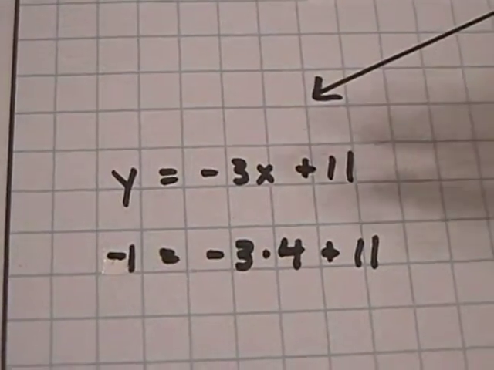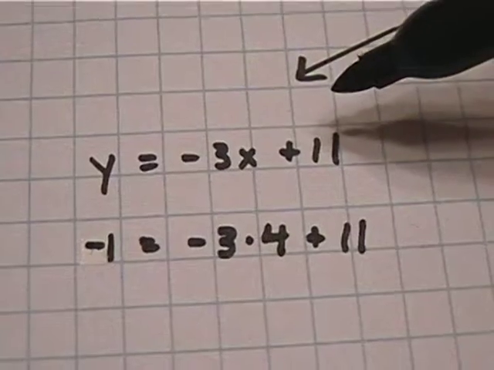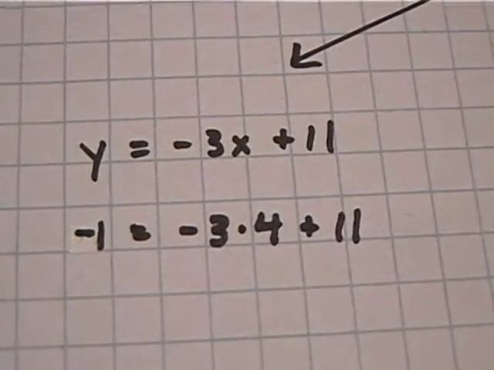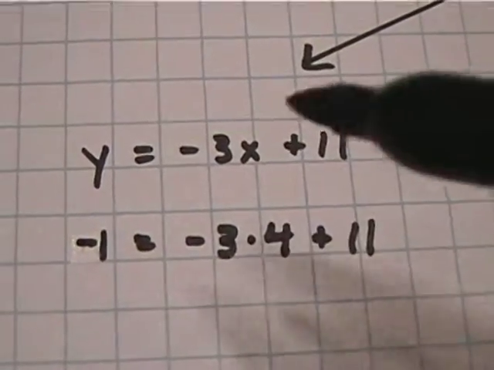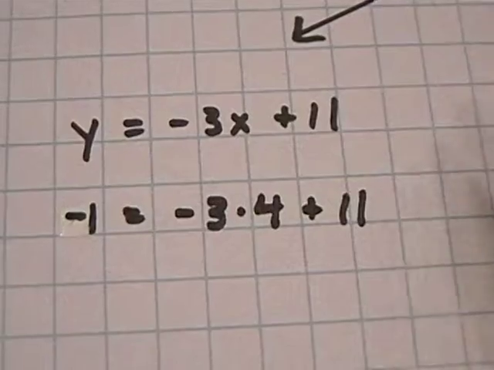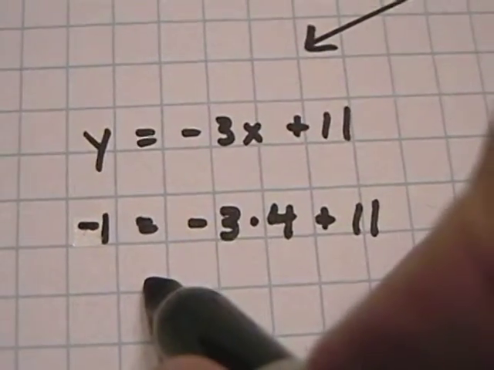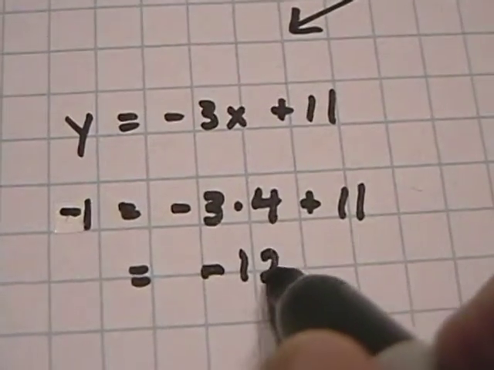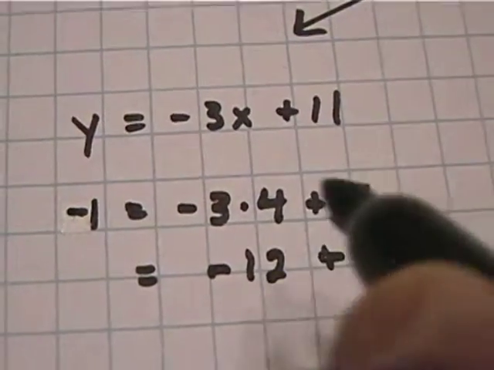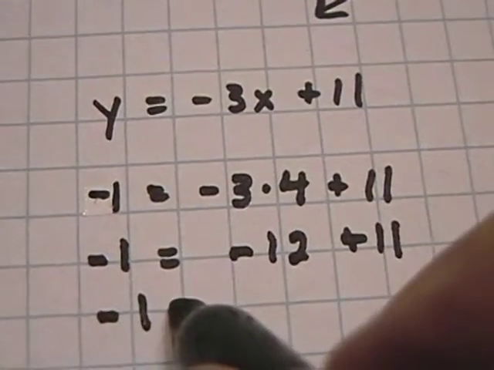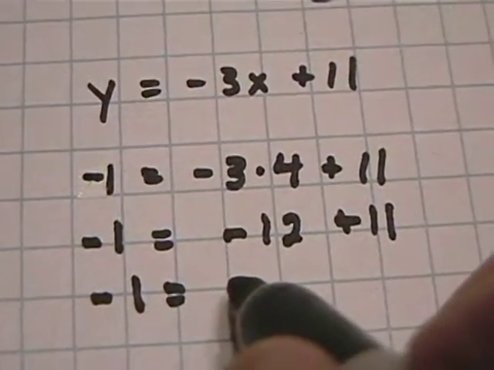I've rewritten y equals -3x plus 11 here, and we're going to substitute in 4 and -1. So for y is -1 is equal to -3 times 4 plus 11. That's going to equal -12 plus 11, and we're going to see that it's going to equal -1 on both sides.